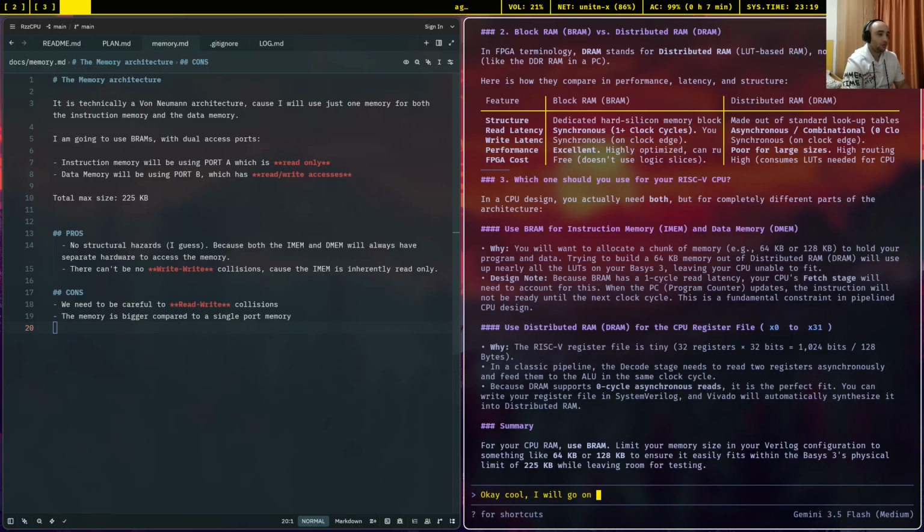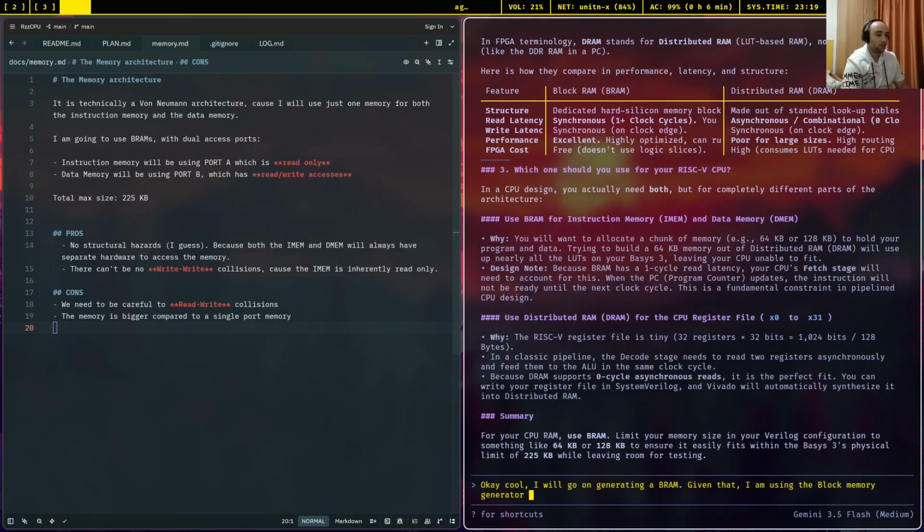I will go on generating VRAM. Given that I'm using the block memory generator IP for the other, it asks me if I want a 32-bit address. Do I want it?